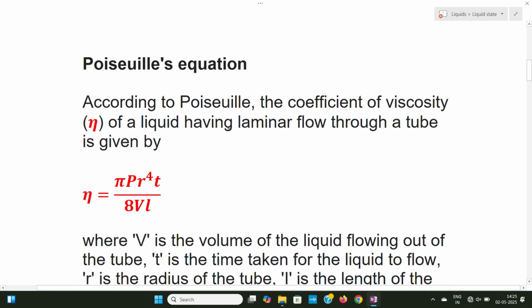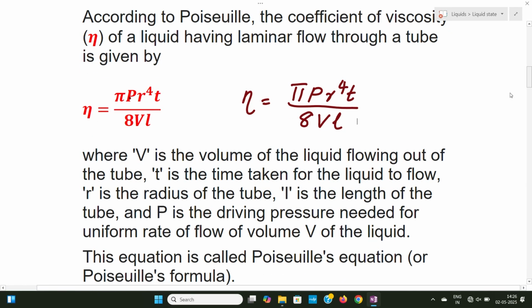The equation is eta is equal to pi P r power 4 t divided by 8VL. This is the equation which is used to find the coefficient of viscosity.